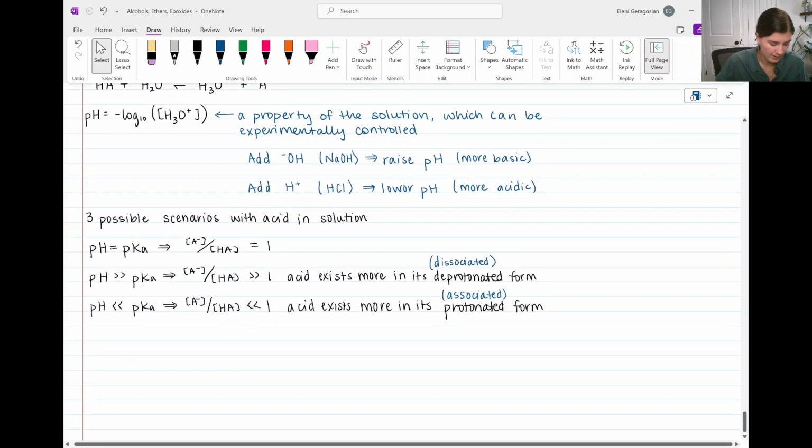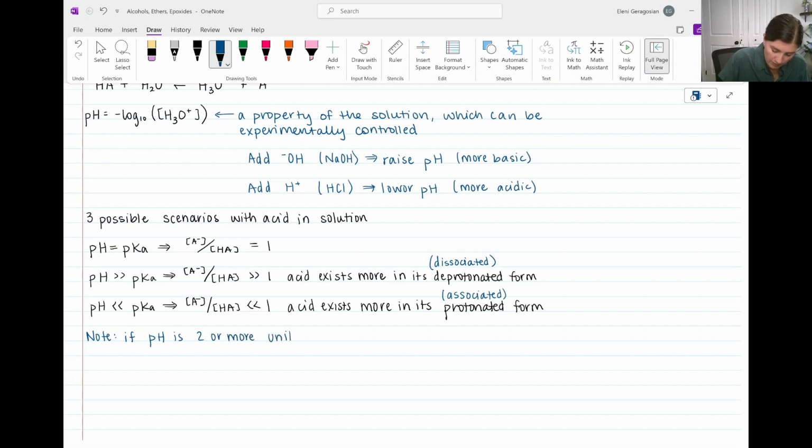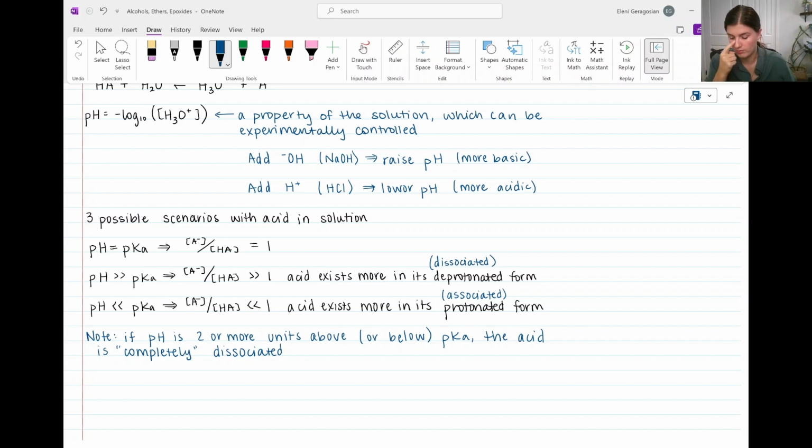Now there's a limit here where if the pH is 2 or more units above or below the pKa, the acid is, quote, completely dissociated if the pH is 2 or more units above, or associated if the pH is 2 or more units below the pKa.